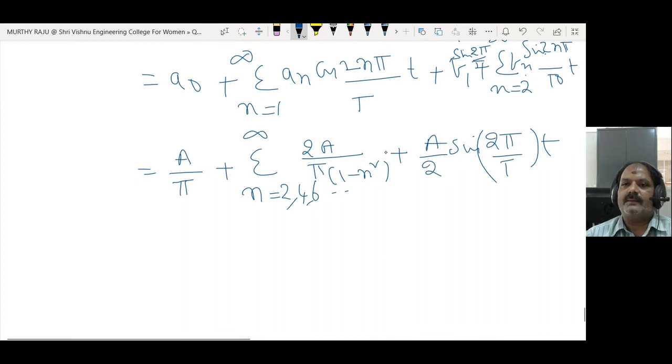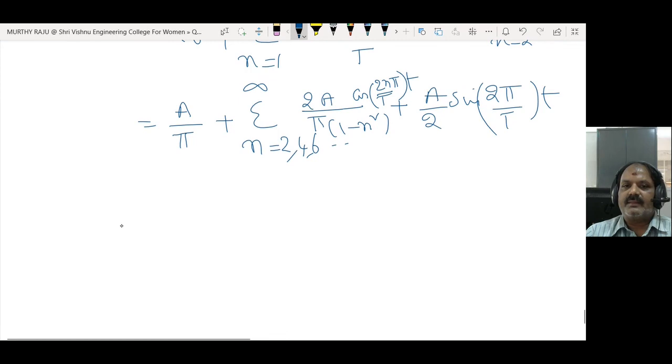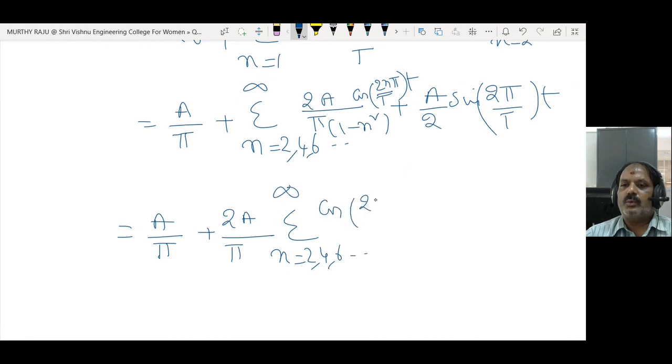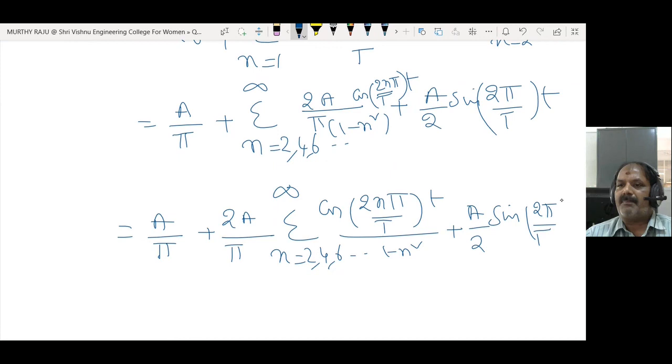See here cos 2n pi by T, that is equal to A by pi plus 2A by pi sigma n is equal to 2, 4, 6 and so on to infinity cos 2n pi by T into t by 1 minus n square, plus A by 2 sine 2 pi by capital T into small t.